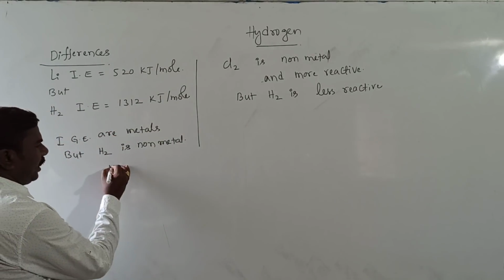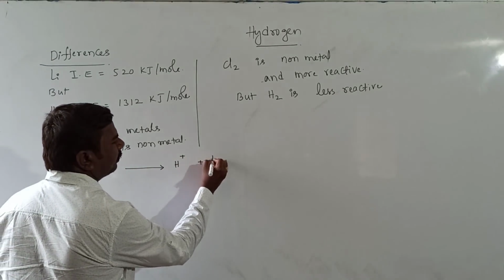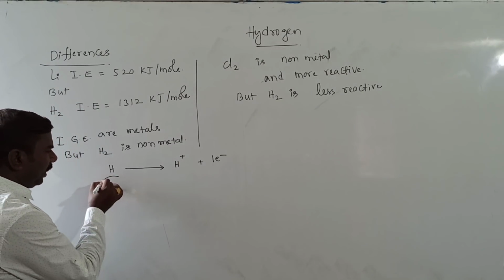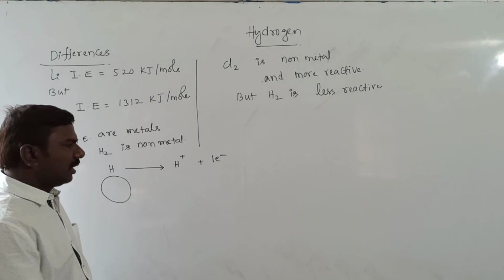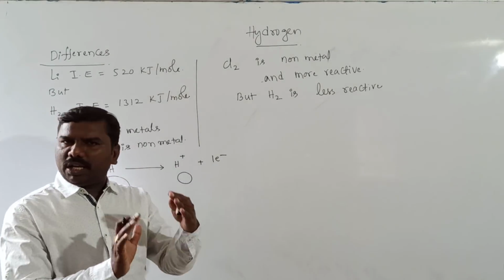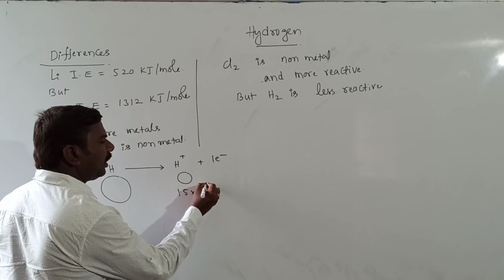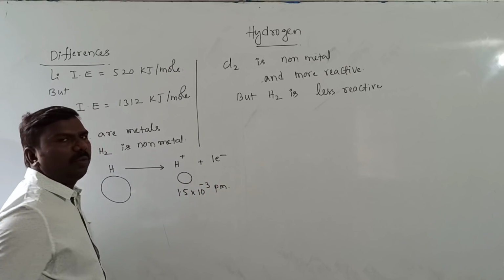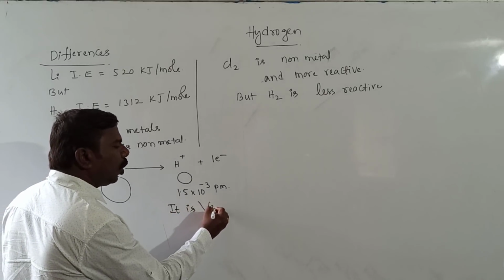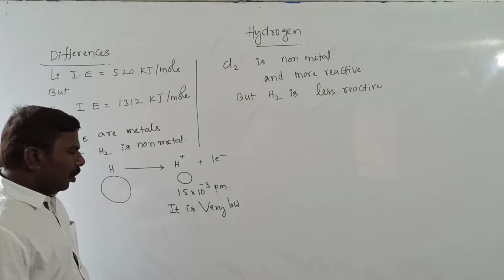For example, hydrogen, if it loses one electron, then it forms H plus, a positive ion. In the beginning, this is the size. After losing one electron, obviously the size will decrease. Then the size will be 1.5 into 10 to the power of minus 3 picometers. It is very low, negligible.